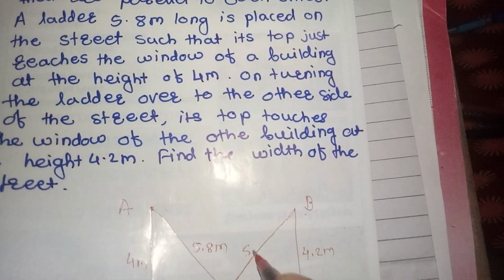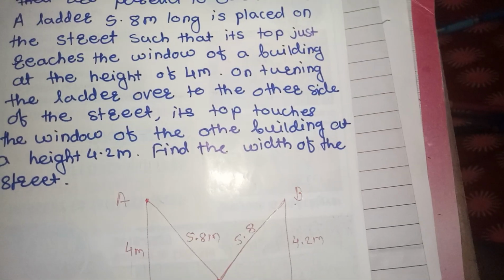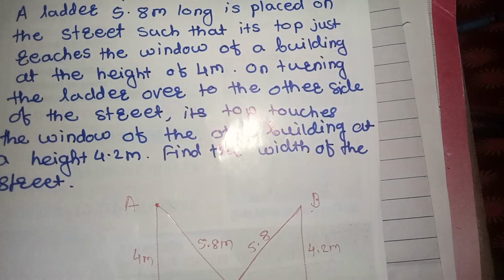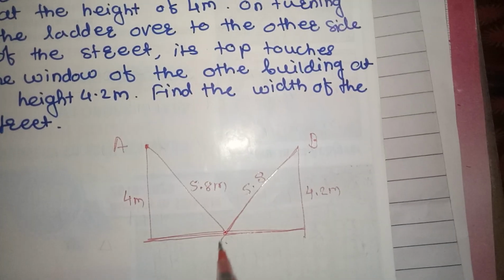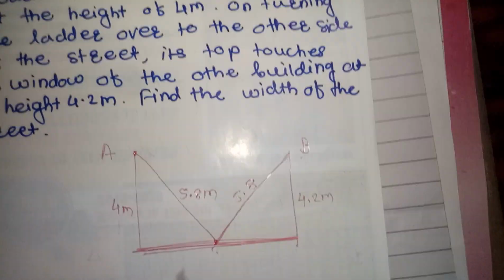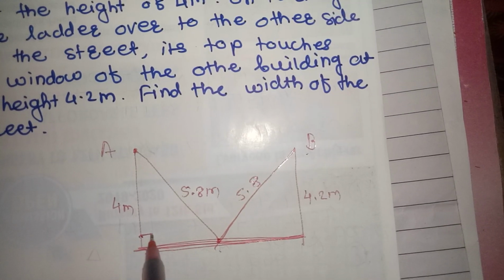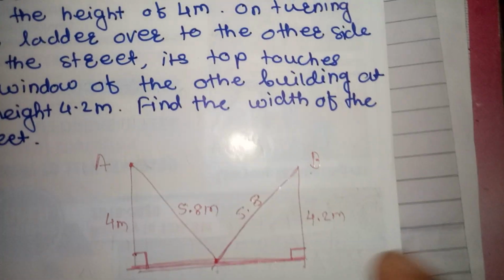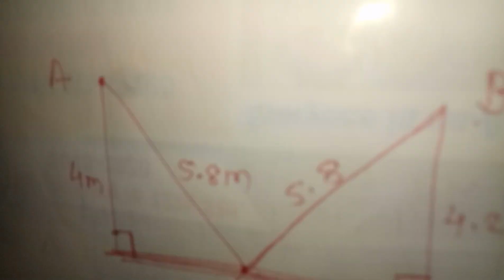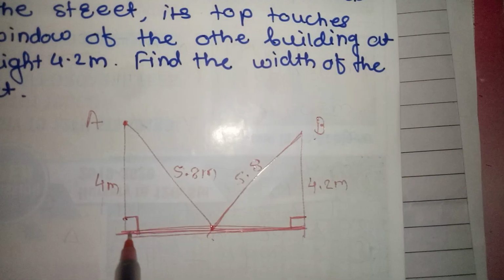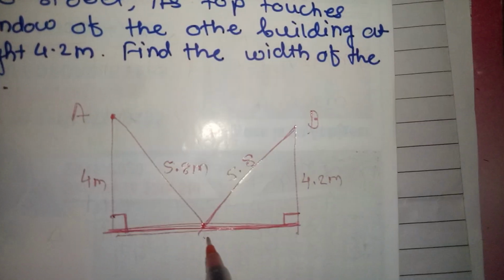So this length is also the same, and you know very well the street road is the parallel plane bottom. Suppose it is the ground level, and both buildings are perpendicular to the ground and parallel to each other. Like this you have been given in the question, and now you have to find the road width.